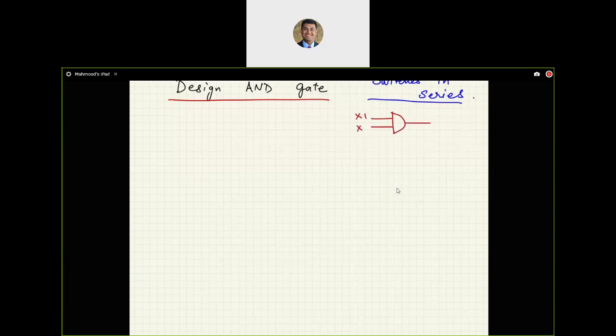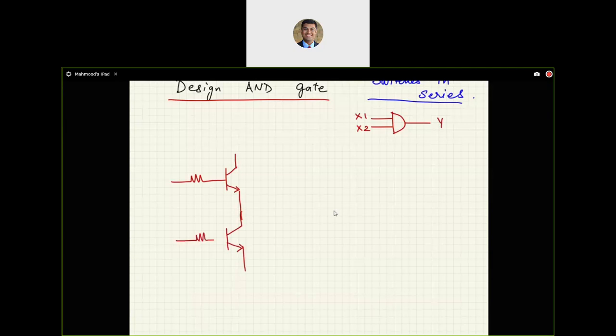So my goal is to design an AND gate with two inputs. Let's call them x1 and x2, and my output is y, say. So how can I do this? I will be able to do this by having two transistors, and I need them to be in series. So let me draw transistor 1 over here and transistor 2 over here, and I have connected them in series.